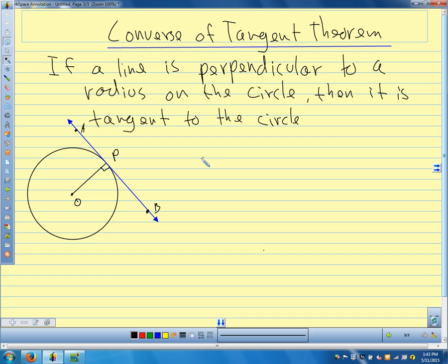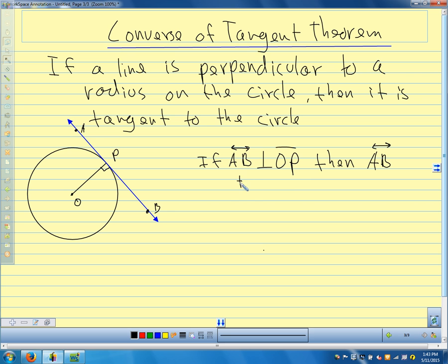So we're going to say if line AB is perpendicular to segment OP, then line AB is tangent to the circle at point P.